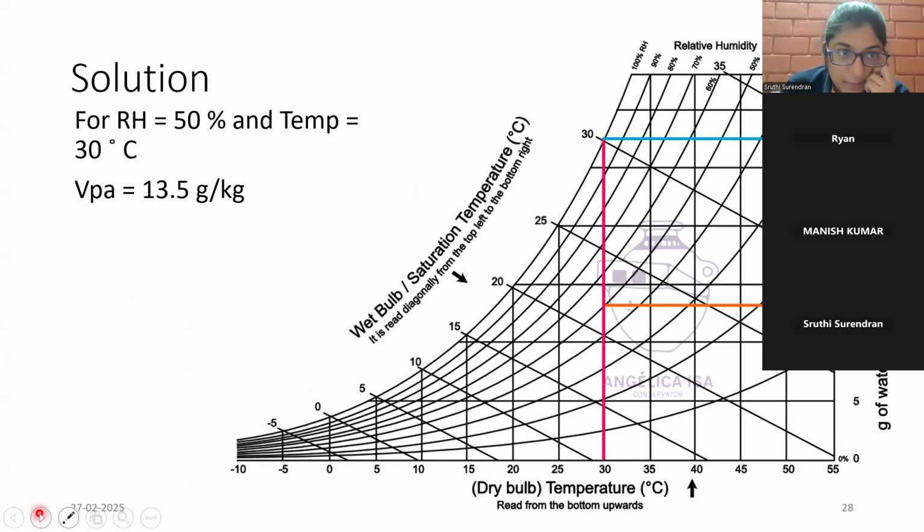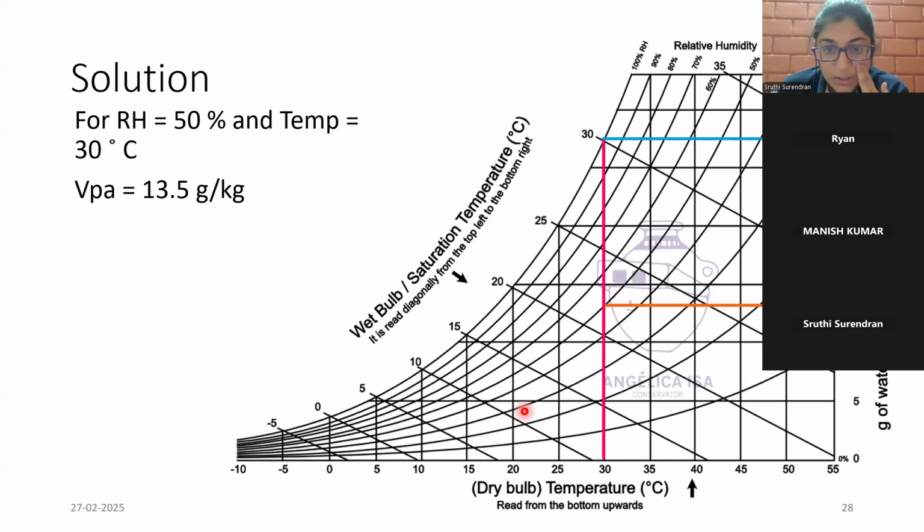So for relative humidity 50 percent and temperature at 30 degrees Celsius, we're getting around 13.5 gram per kilogram. Ryan, what is the value of absolute humidity that you considered? 13 gram.